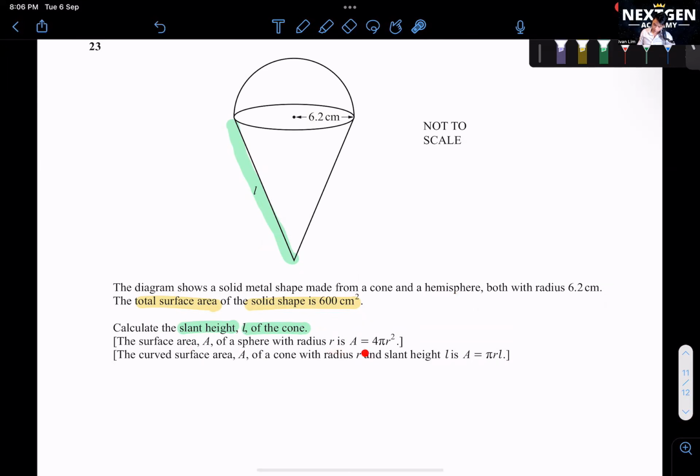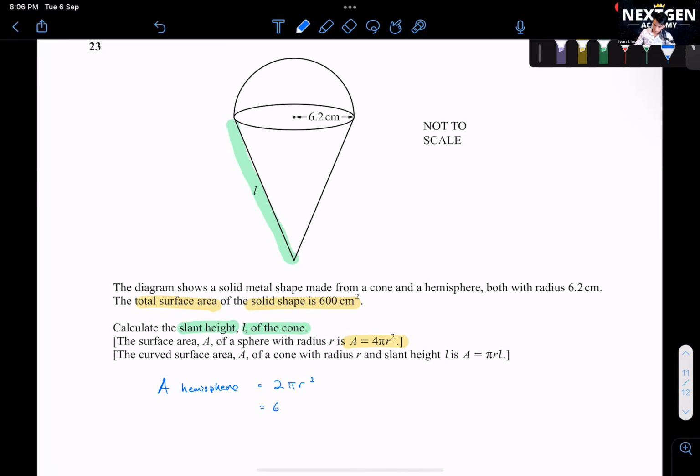They give you the formula here. Curved surface area of a sphere is 4 pi r squared. This is for a sphere, so half a sphere means you halve it. The area of the hemisphere is 2 pi r squared, because 4 pi r squared divided by 2.